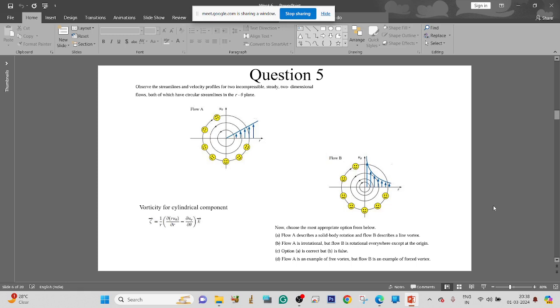By looking at the picture, we can get to know, no, ma'am, as you explained. Tell me which one then? Flow A is rotational. Flow B is irrotational. A is rotational and B is irrotational. So which option do you think is true?